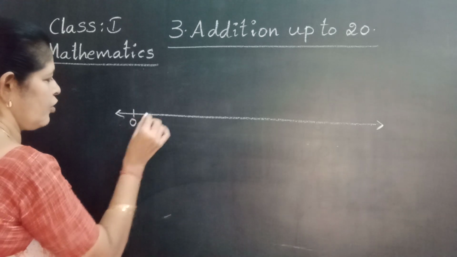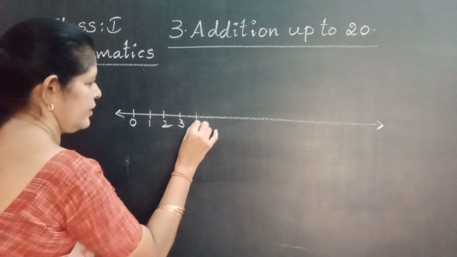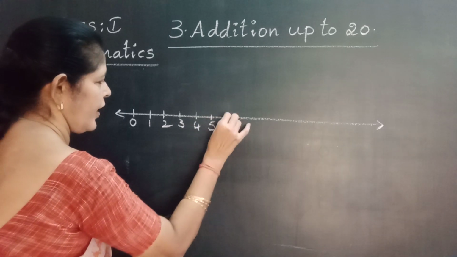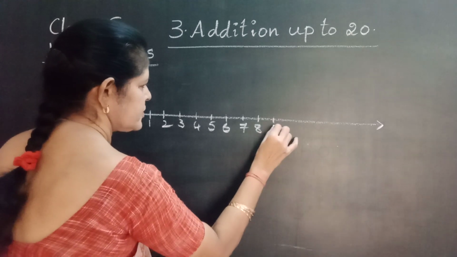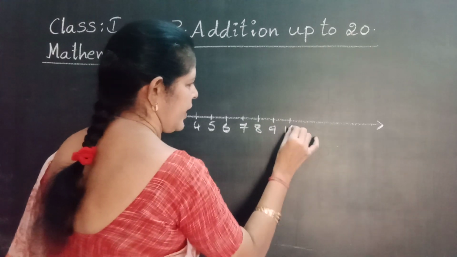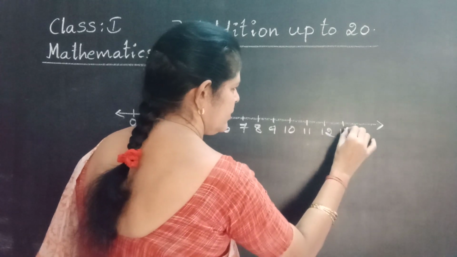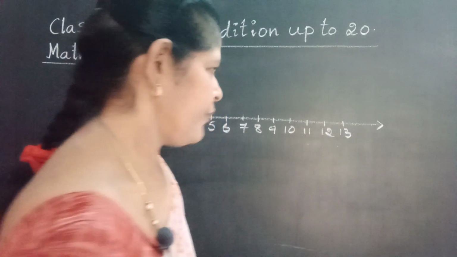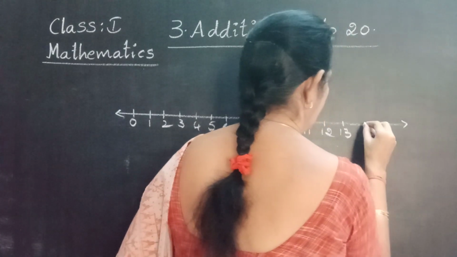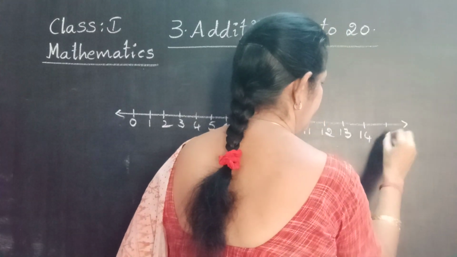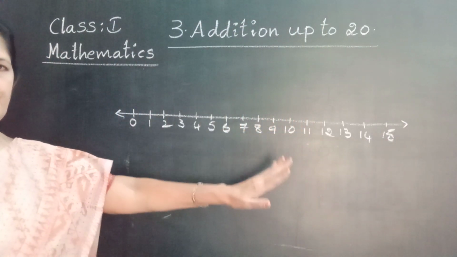Starting with 0. 1, 2, 3, 4, 5, 6, 7, 8, 9, 10, 11, 12, 13. I am going to extend it. 14, 15. This number line starts from 0 to 50.